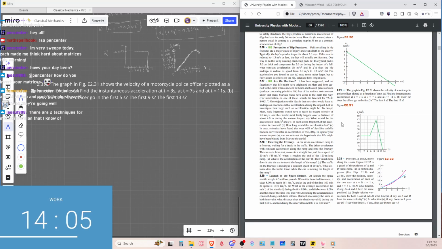It shows the velocity of a motorcycle police officer plotted as a function of time. So it's a velocity graph. Meters per second, nice, I don't have to do any conversions. A: find the instantaneous acceleration at 3 seconds, at 7 seconds, and at 11 seconds. B: how far does the police officer go in the first 5 seconds, in the first 9 seconds, and in the first 13 seconds?